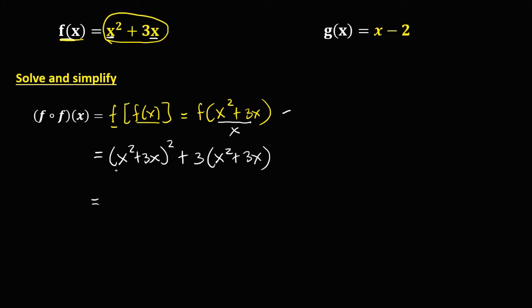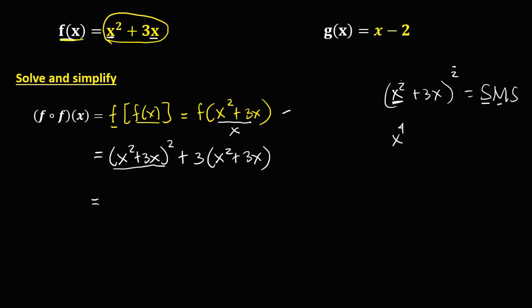Then simplify. This one is a square of a binomial, so we can use the SMS method: x squared plus 3x to the power 2. Using the SMS, the square of the first term, the square of x squared, we just multiply the exponent, 2 times 2, so that's x to the power 4.